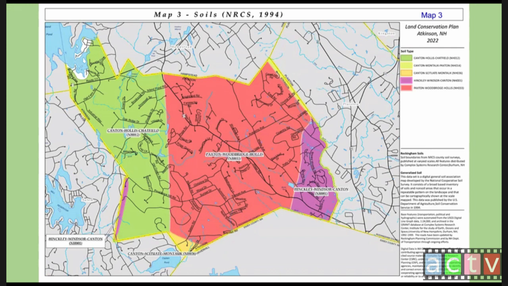And the reason is, these are soils that were deposited by the last glacier during the Ice Age. It's where the glacial till was left behind. So you have some very, very distinct areas. Again, there's nothing here that would cause us to want to avoid or want to protect a piece of land, but it's a good piece of background information.